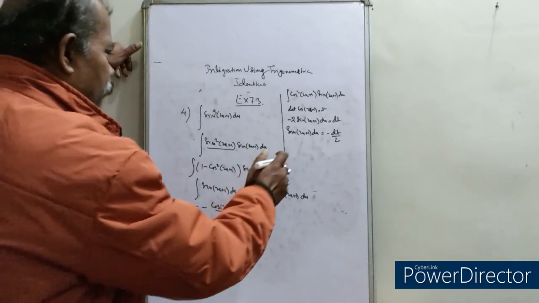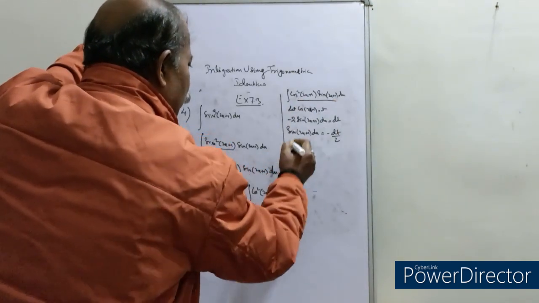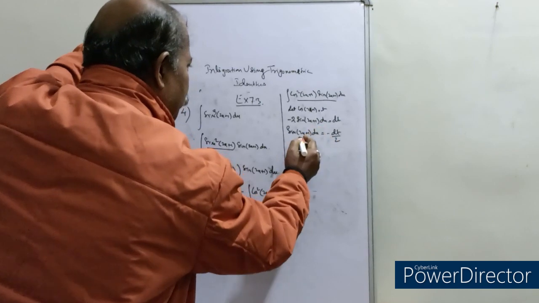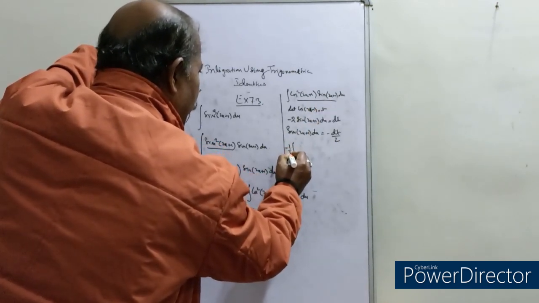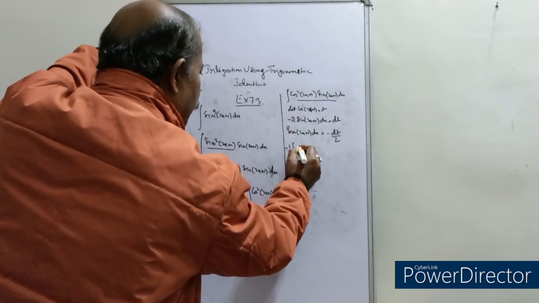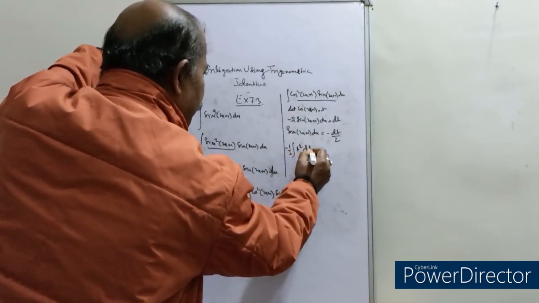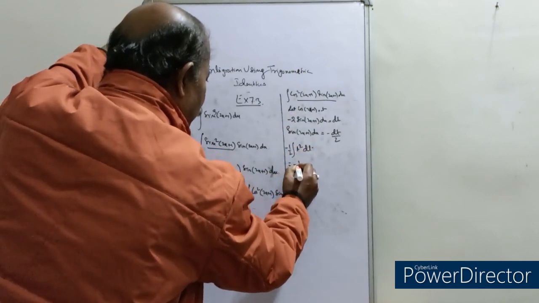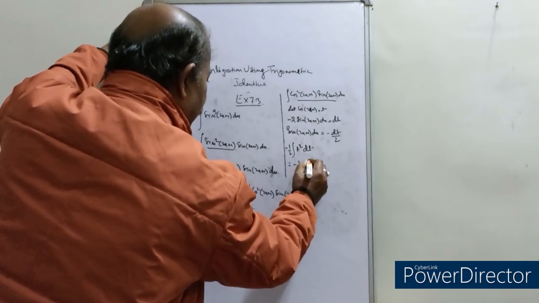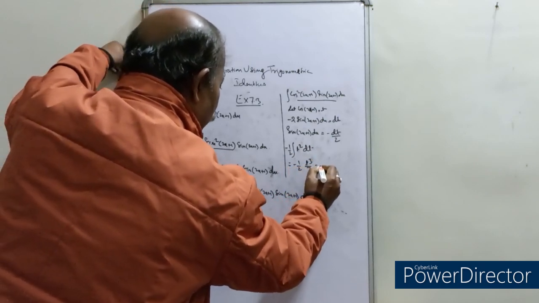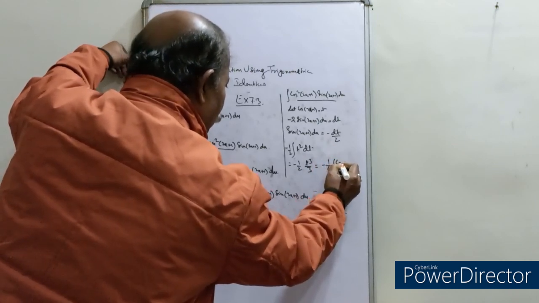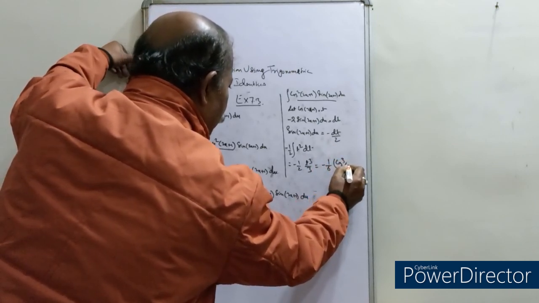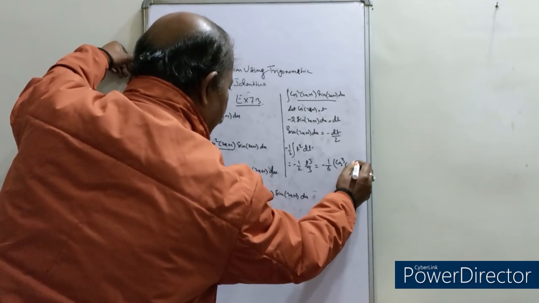So now this becomes minus 1 by 2 integral of t square dt. So this comes to minus 1 by 2 times t cube by 3, that is minus 1 by 6, where t is cos cube (2x + 1).